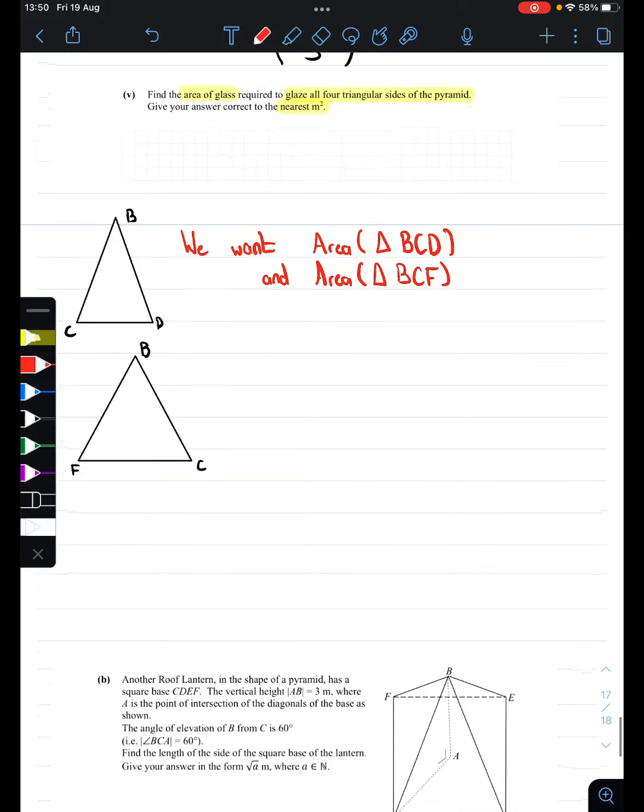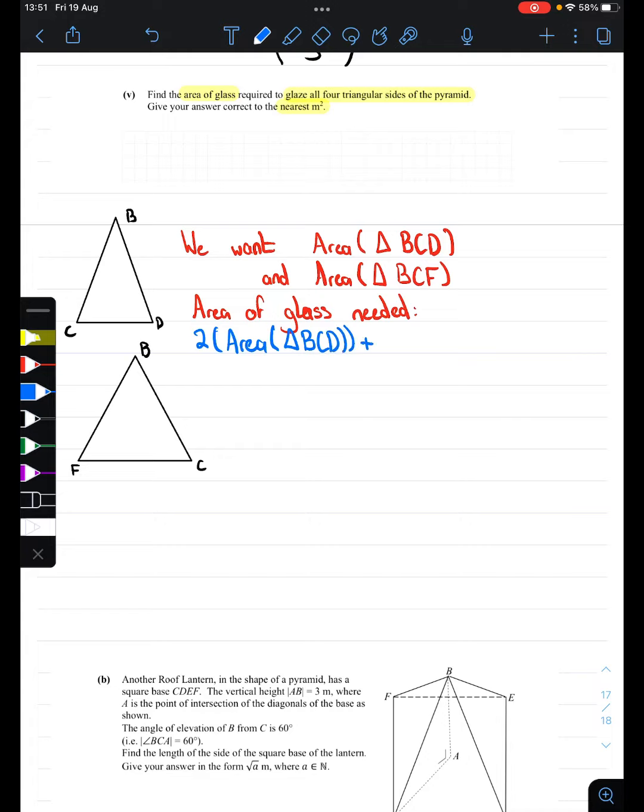And then we'll be able to calculate the area of glass needed as 2 times the area of BCD plus 2 times the area of BCF.